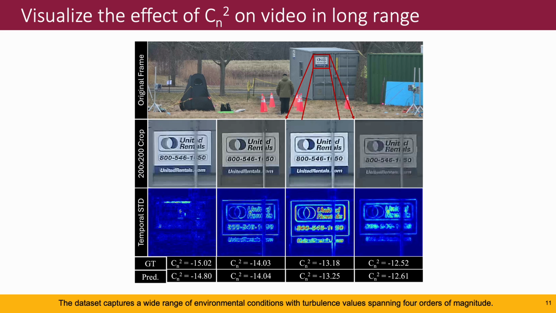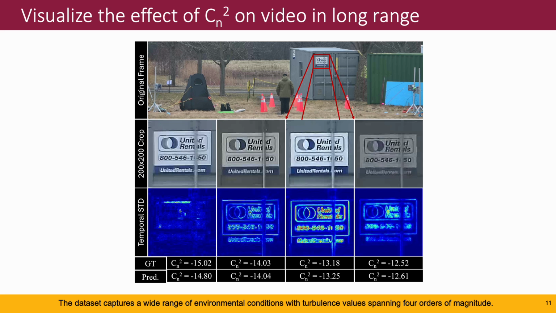The first scene has pretty low CN square, and because of that it is pretty sharp, and the temporal standard deviation is pretty low because it's not fluctuating a lot in the time domain. So you see that the ground truth and prediction value are pretty aligned. The second scene shows a similar situation, so the standard deviation is slightly higher, and the third one is a lot higher, and in all those three cases CN square is pretty aligned as well.